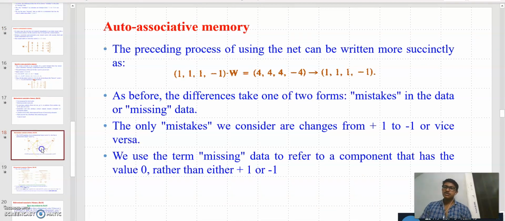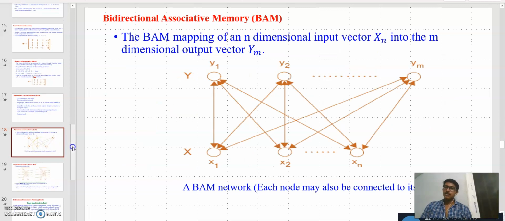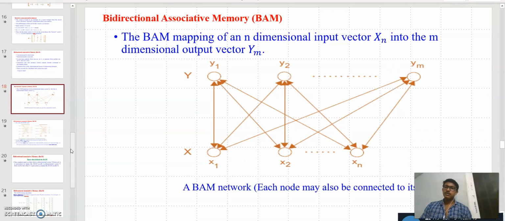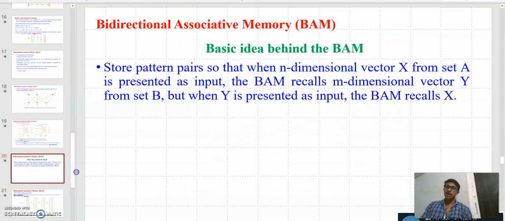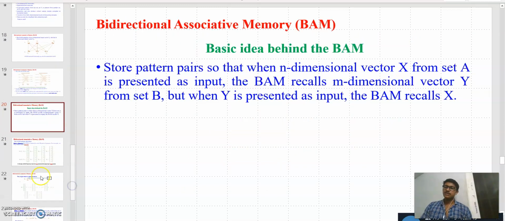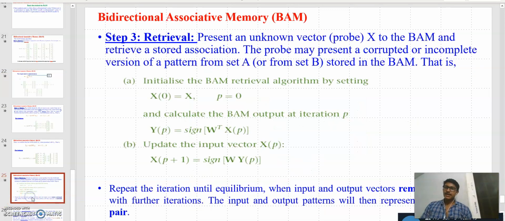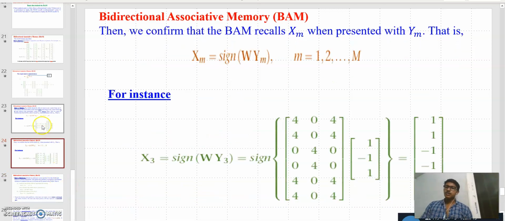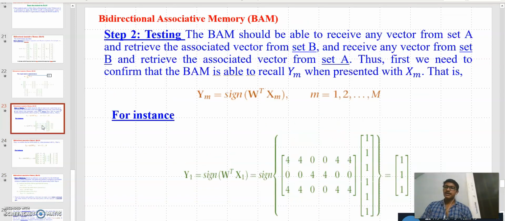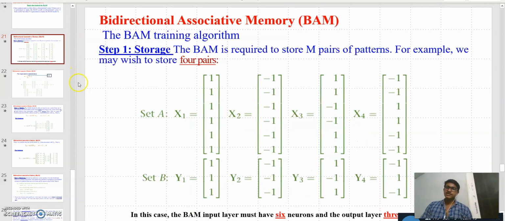In bidirectional associative memory, we learned about an example and how it works, how the bidirectional functionality works, and also some examples, and the steps included in bidirectional associative memory. In total there are 3 steps: the first step is storage, the second step is testing, and the third step is retrieval.